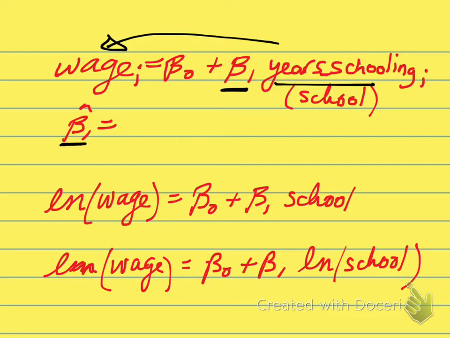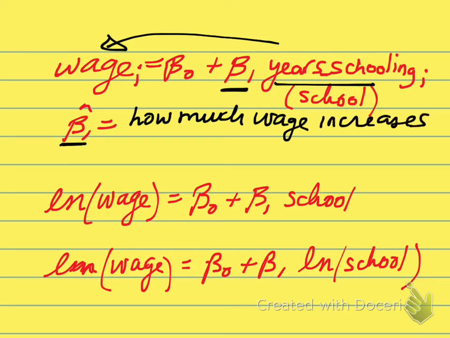Beta 1 hat tells us how much the wage increases, assuming it's positive, which we imagine it is, for an additional year of schooling. All right, that's our simplest interpretation of a regression coefficient.